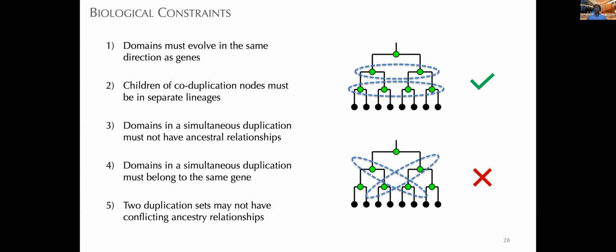And finally, the fifth constraint says that two duplication groups can't have conflicting ancestry relationships. The idea here is that all domains in a group are inferred to have existed at the same time. So if you have groups that cross, as in the incorrect example on the right, then that conflicts with the ancestry relationships given by the tree itself.